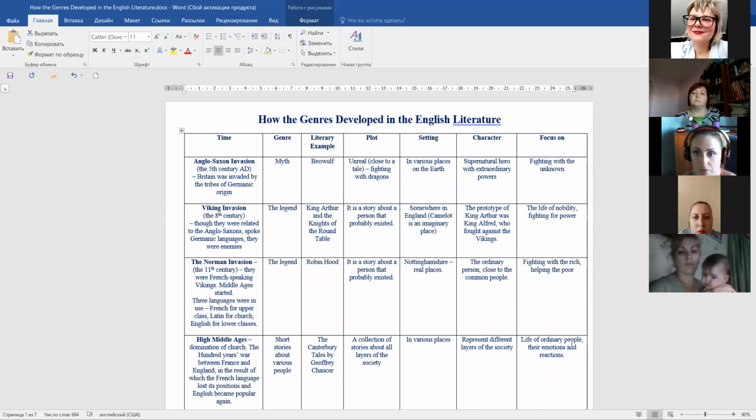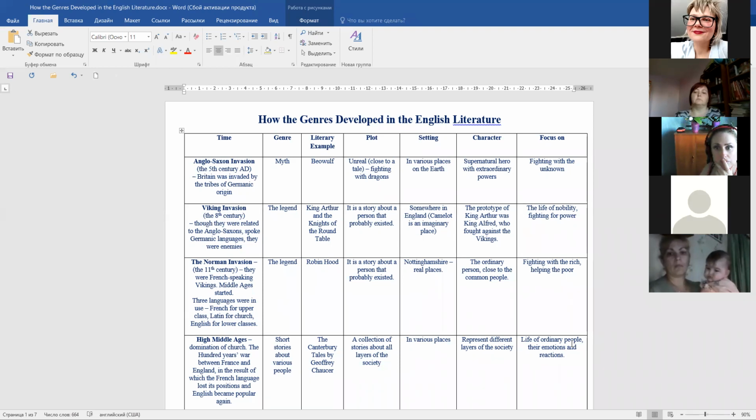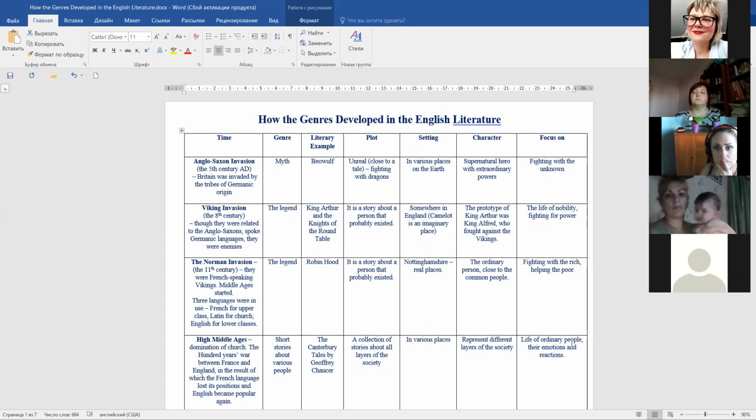And the development of genres is not the scheme that we've just seen, not this map. The genres developed with the development of the human mind, consciousness, of ideas, and so forth. And now I'm presenting to you, this is my idea.